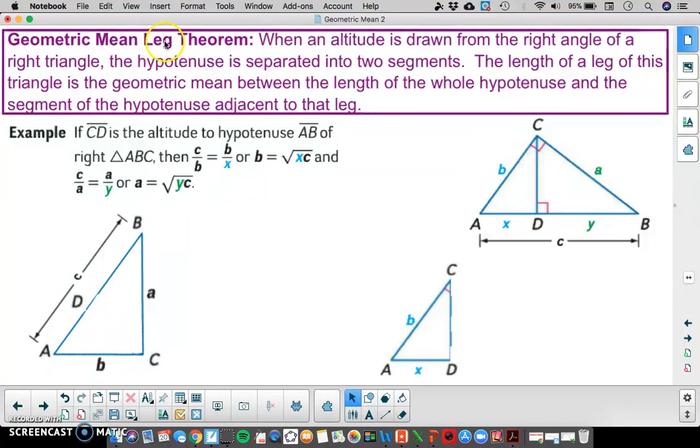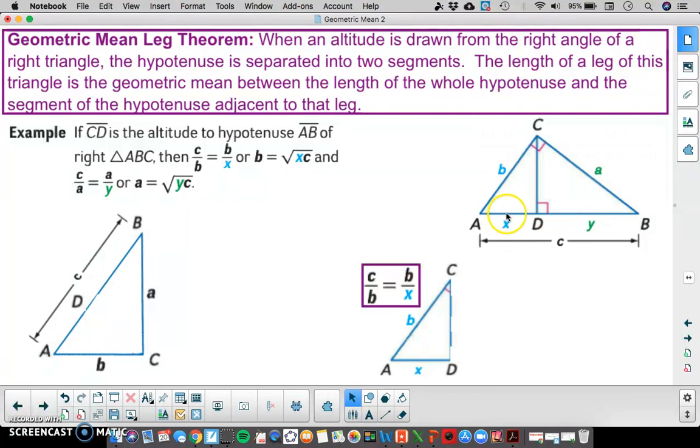Because we're using the leg theorem, we're comparing the length of the whole hypotenuse to the leg, and then the hypotenuse of the smaller triangle to its leg. So we have C over B equals B over X. So B is going to be the geometric mean of the whole hypotenuse and the piece that it corresponds to.